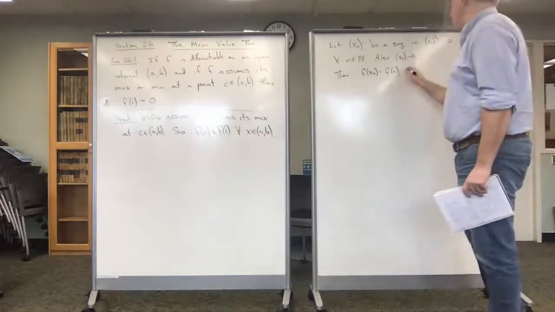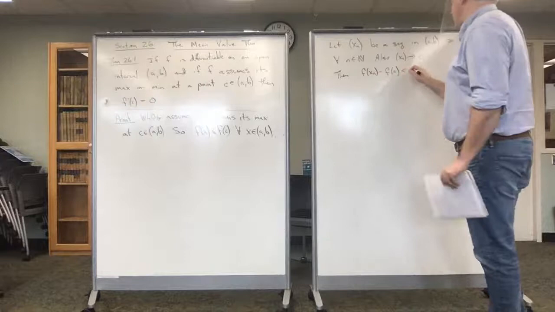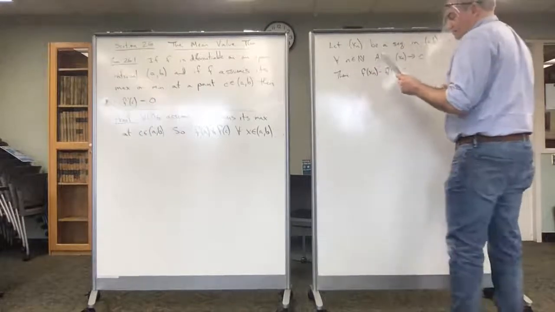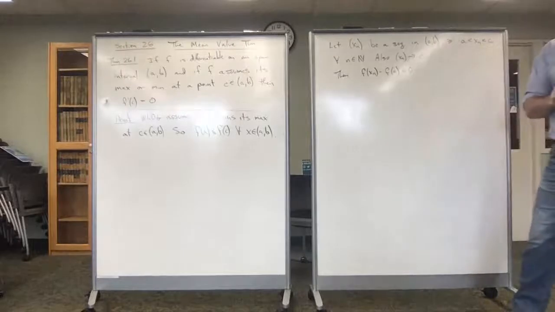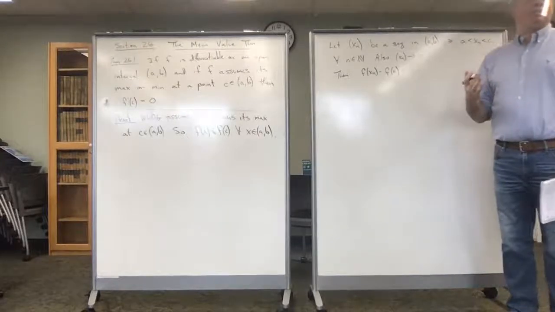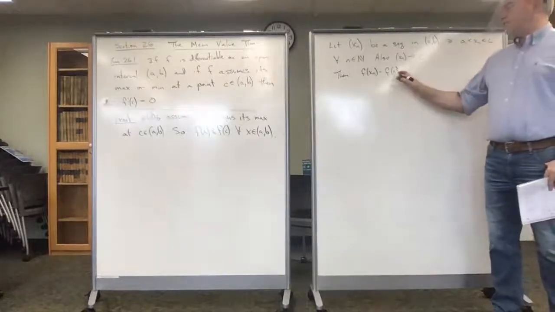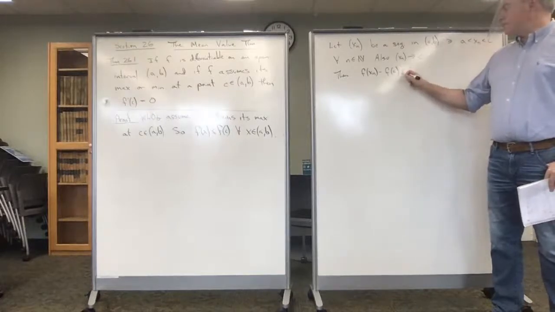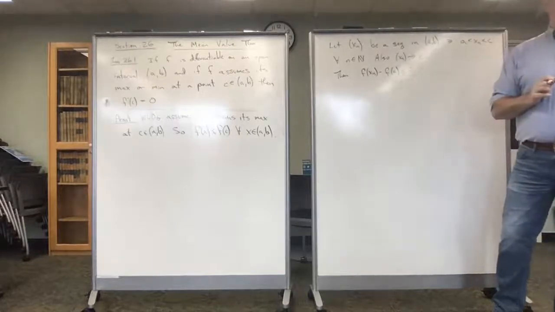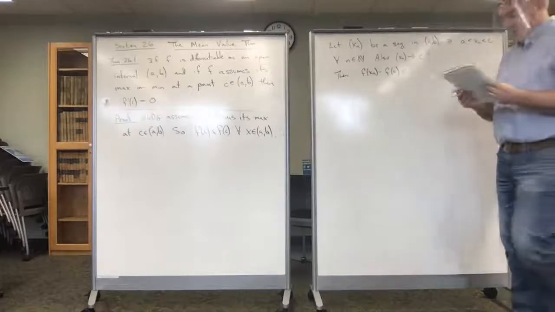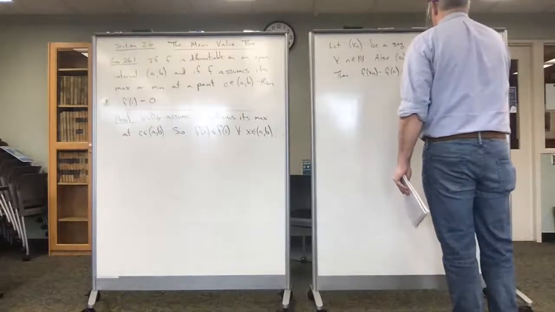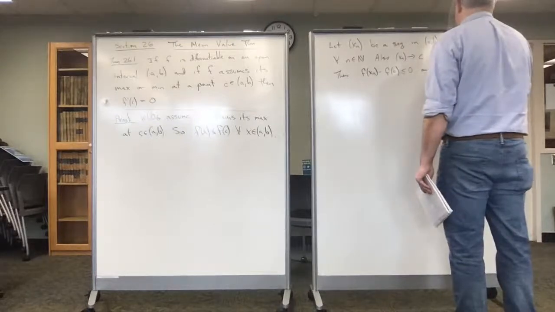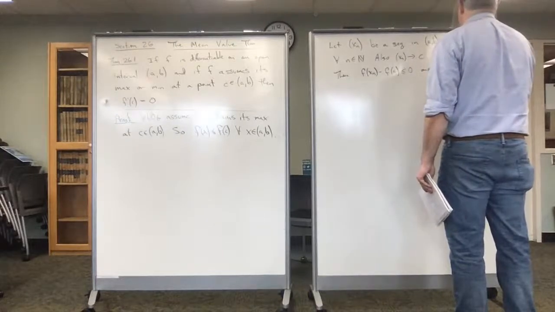So this must be negative. Could it be equal? Yes, if there's more than one max, it could technically be equal, because I don't know that this is the only place where there's a maximum. So it could be equal to 0 as well. Okay, very good. And tell me about this one: what about x sub n minus c?